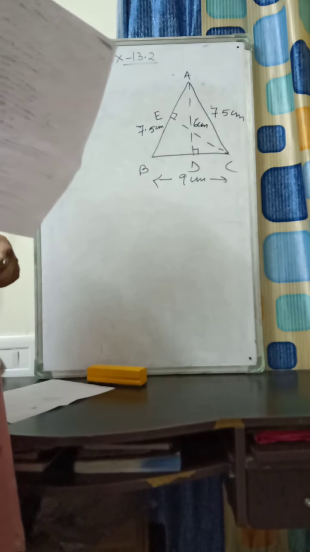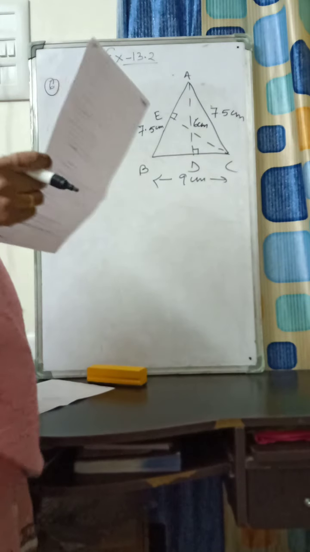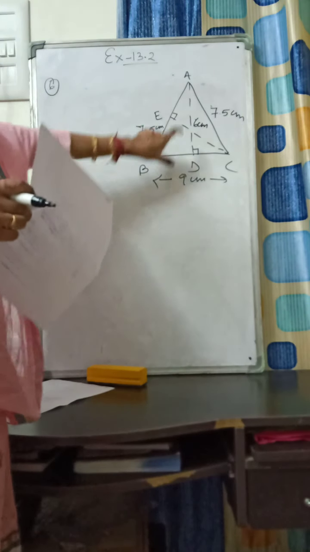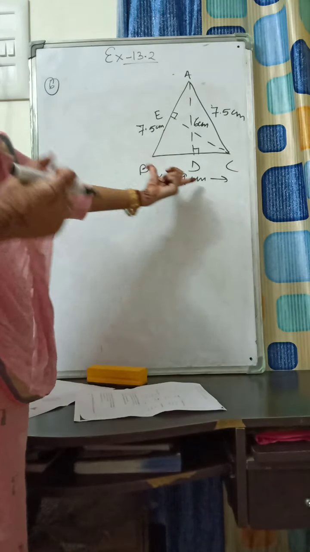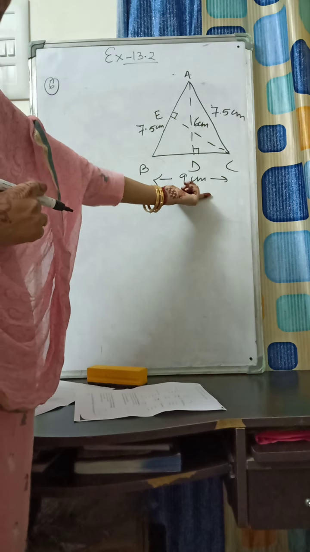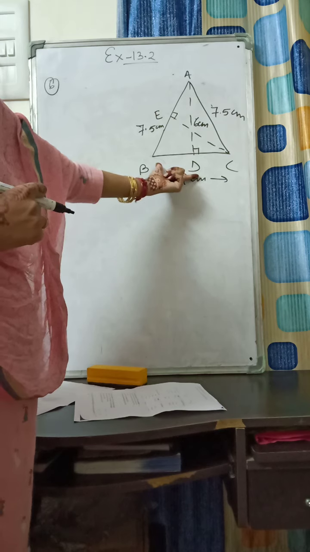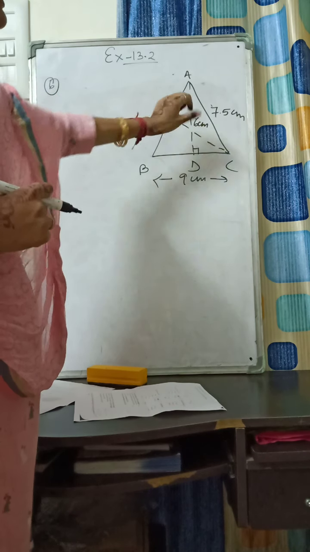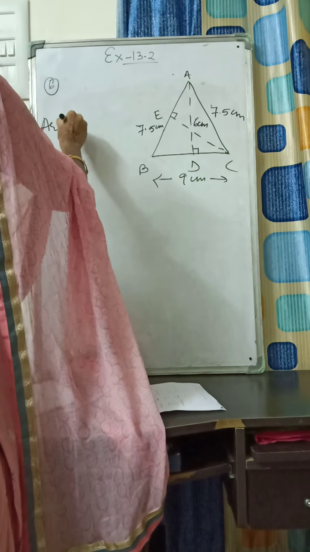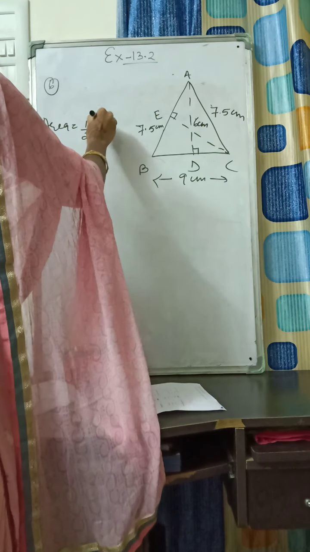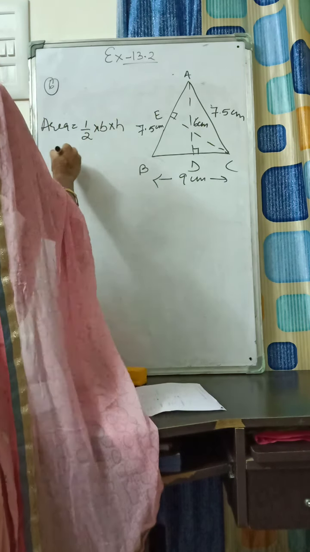So again here we have to find the area of triangle ABC. So students, here we have given that the value of base is 9, and the value of height on the base BC is 6 centimeter. So here we can easily find the area, that is half of base into height.